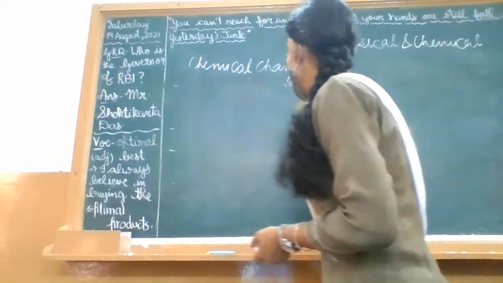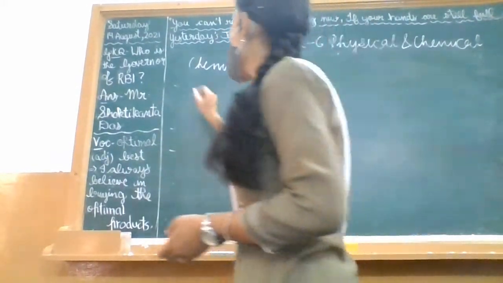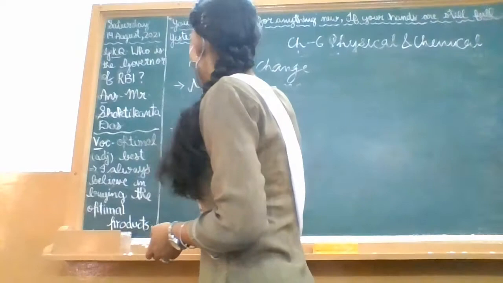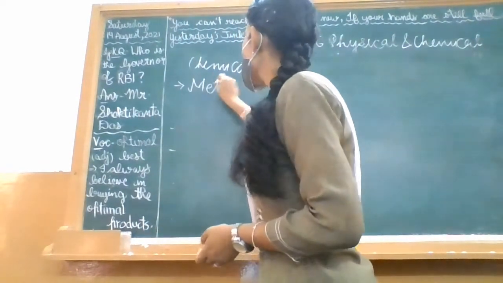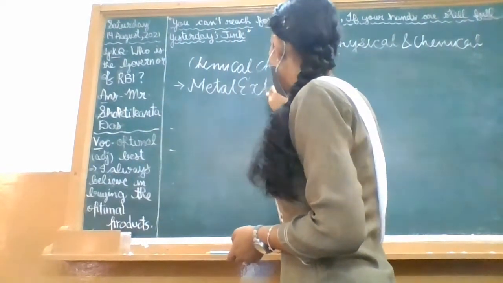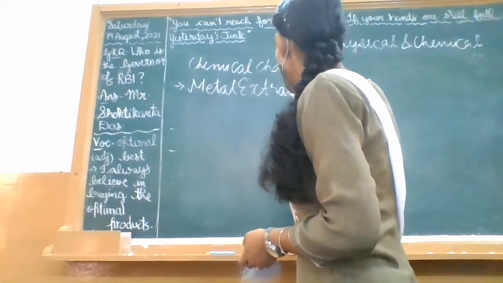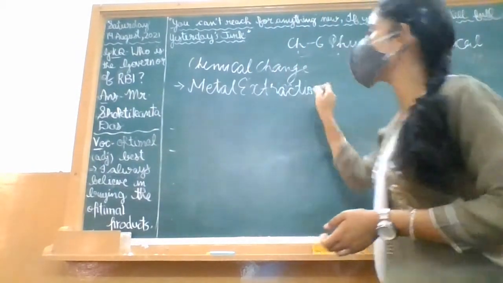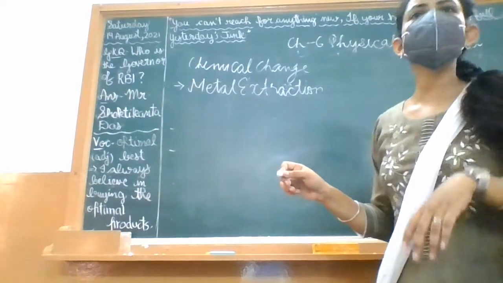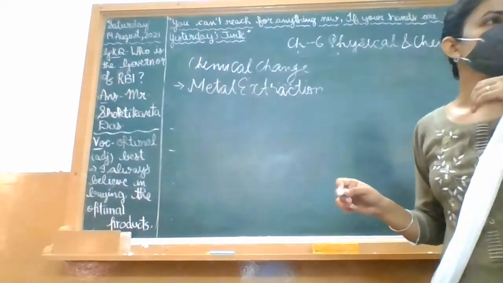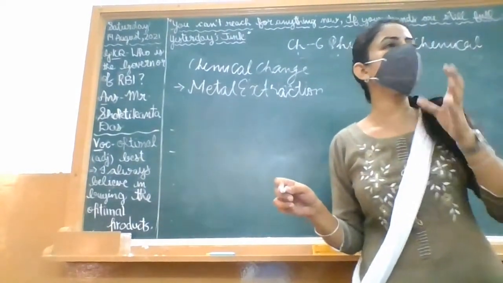It helps in metal extraction. We use these chemical reactions for obtaining iron from iron ore. There are so many reactions that take place, and then we are able to get the iron.